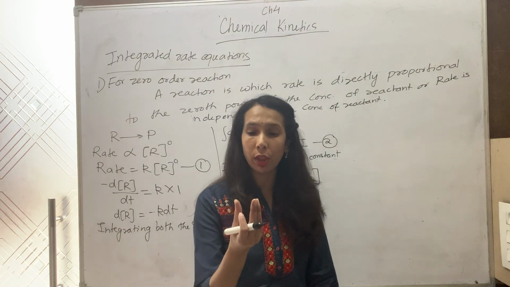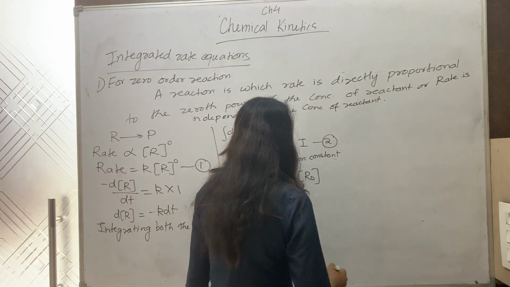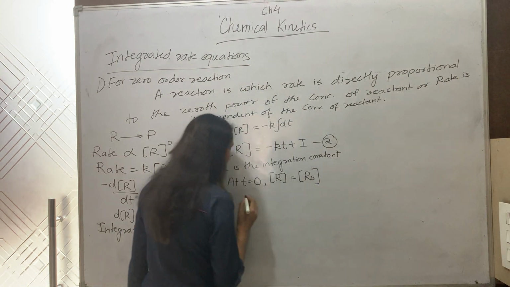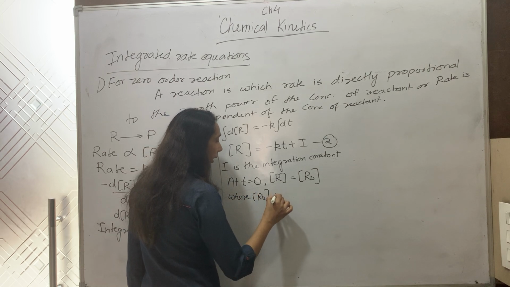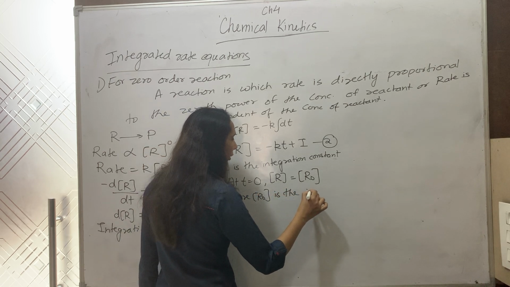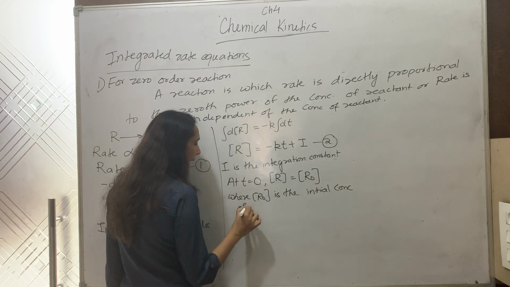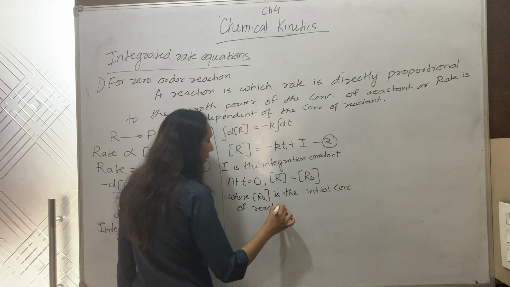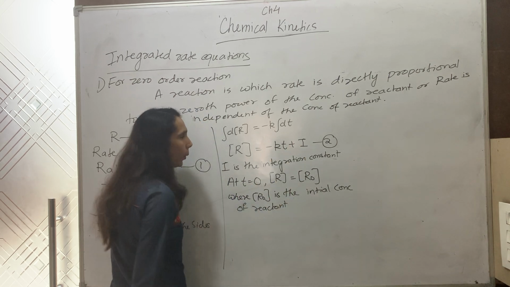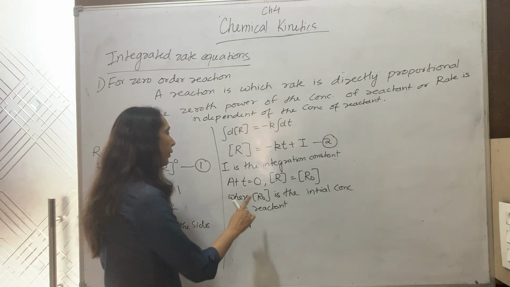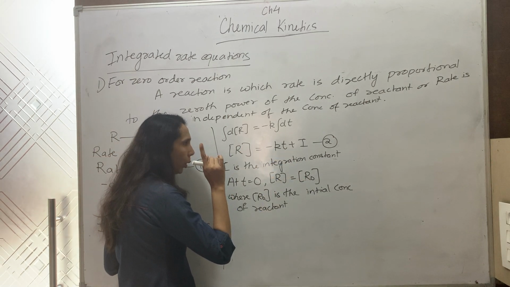That means when you put the reactant in the test tube initially. So R naught is the initial concentration of reactant at time t equal to 0. I substitute these two values in equation 2. That means I put t equal to 0 and R equal to R naught.